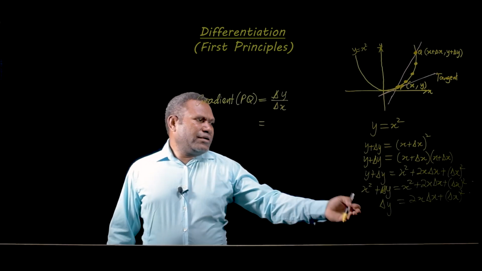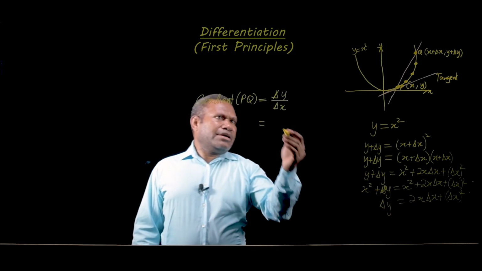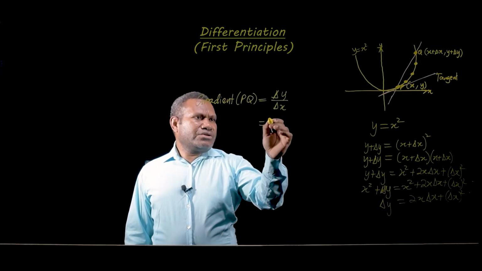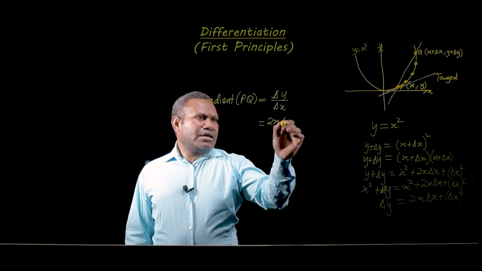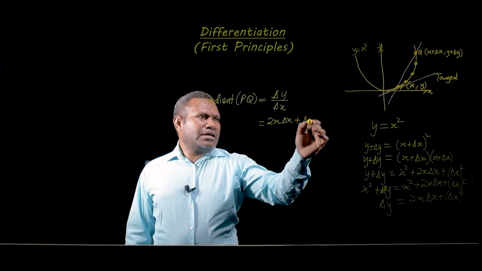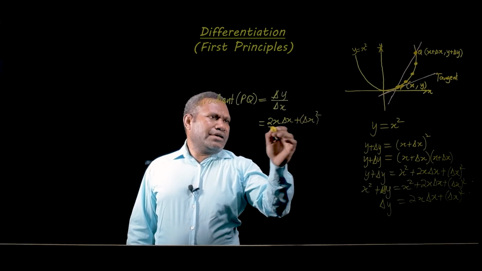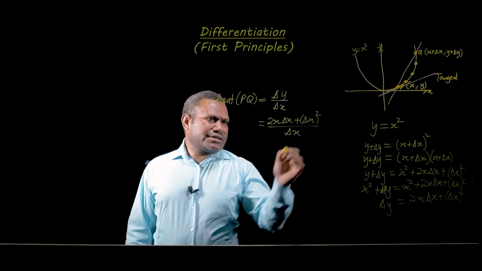So we just have to divide this expression by delta x. We have 2x delta x plus delta x squared, all divided by delta x.